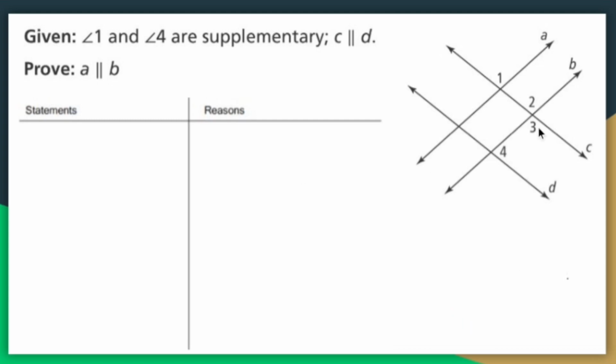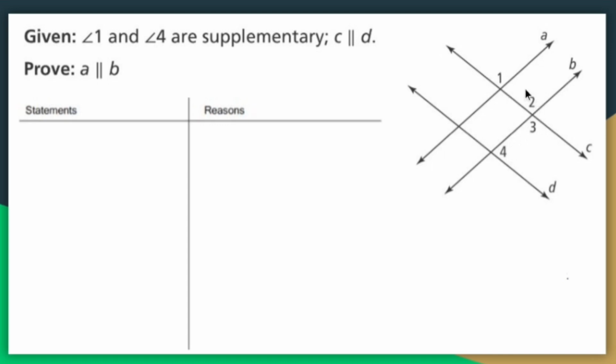Let's see what I'm going to do. Whenever I have a 2-column proof, I like to make a little bit of a rough draft. So I need to get from 1 to 4. Actually, I have 1 and 4. They're supplementary. So I need to show that A and B are parallel. So maybe I could take 1 and 4 and use that to connect 3 to 2.